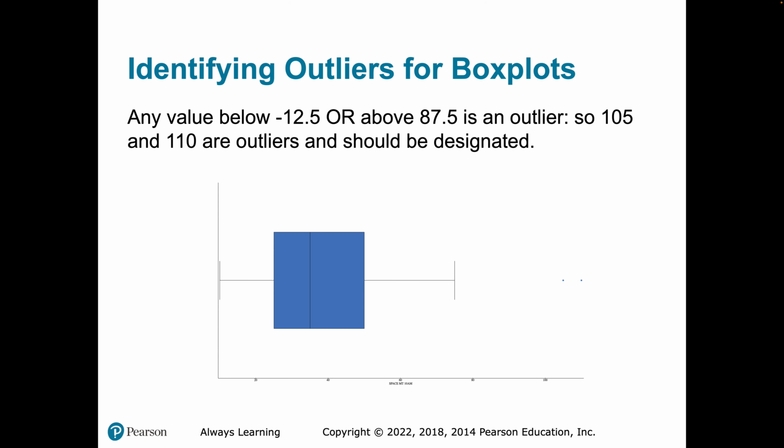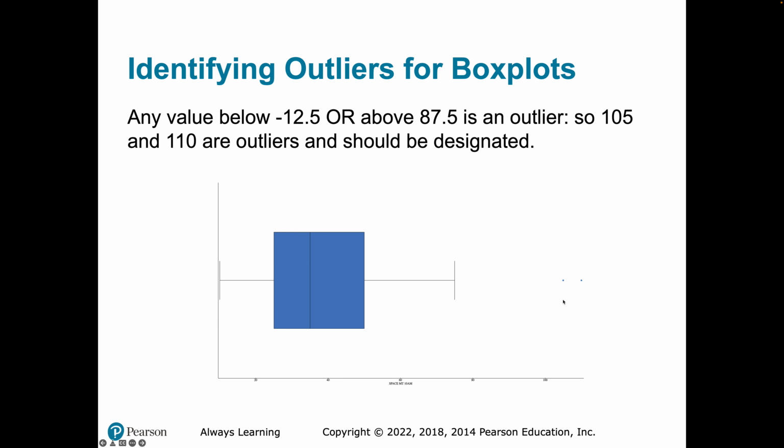So what I did is I grabbed the Space Mountain data set and calculated a box plot using StatCrunch. And what you'll see is out here where I'm circling, two dots. These dots that aren't connected to the box plot represent the outliers.